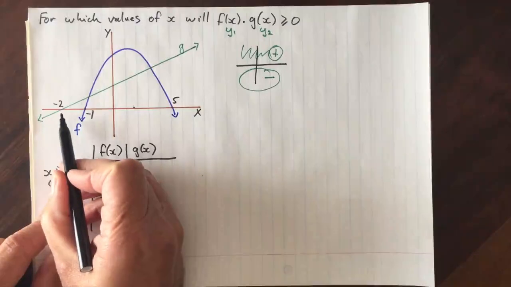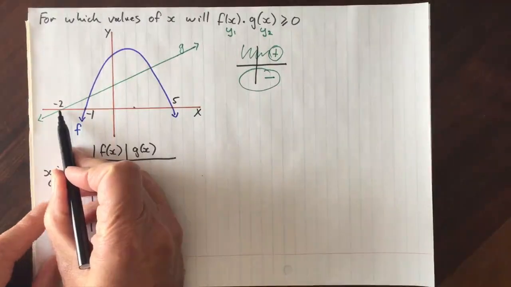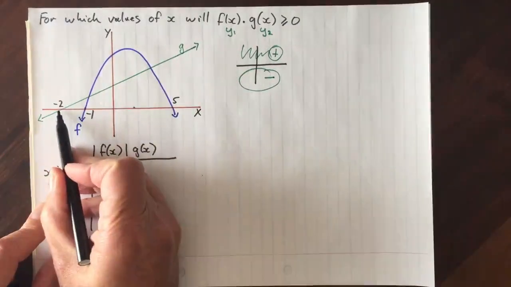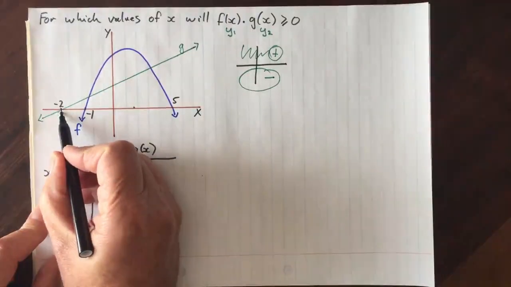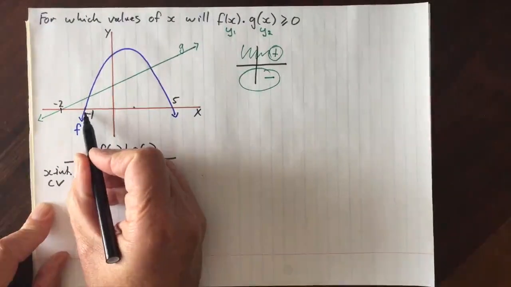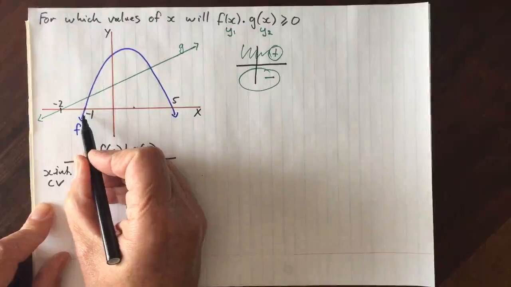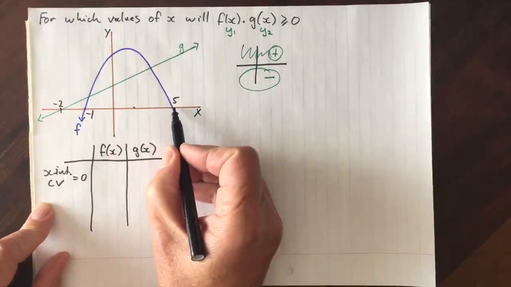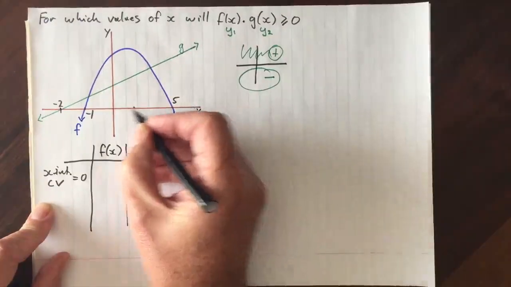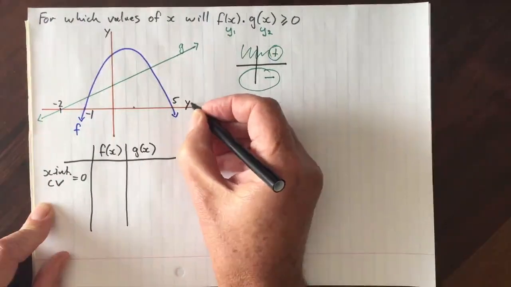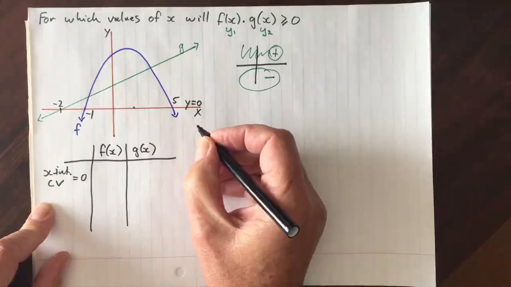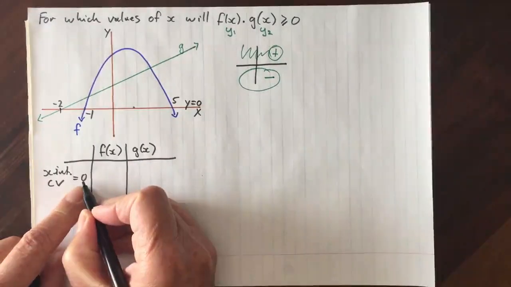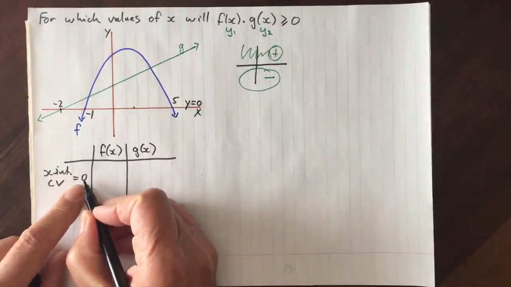So what we have here, you see there's an intercept of the straight line g at -2 over there. And we have x-intercepts of my parabola over here at -1 and 5. Now just remember, my x-axis, that is where y is equal to 0. That's why we're working with y equals 0 to determine my critical values.